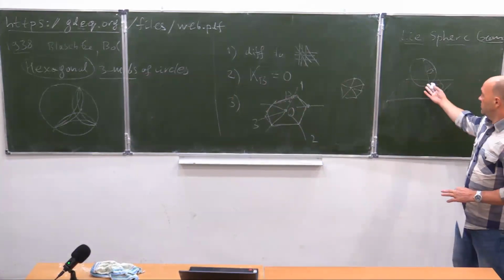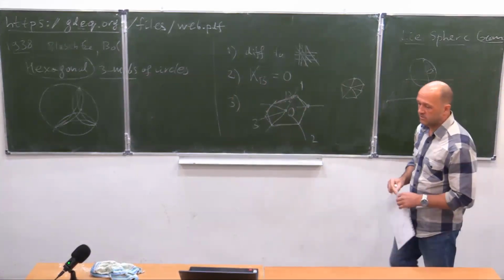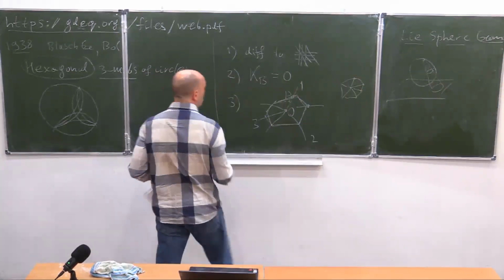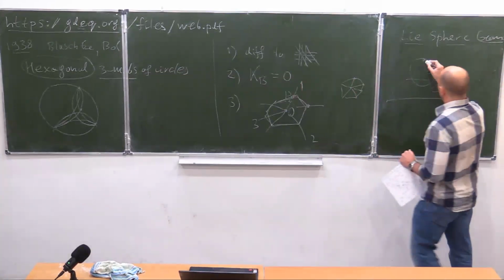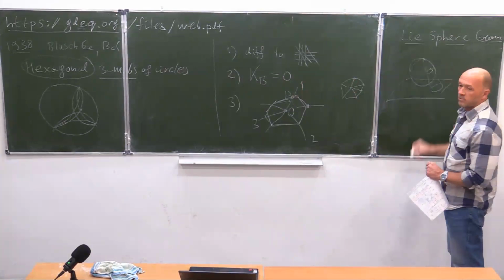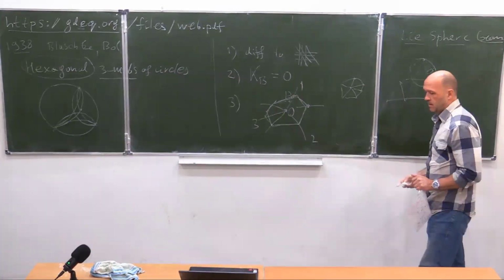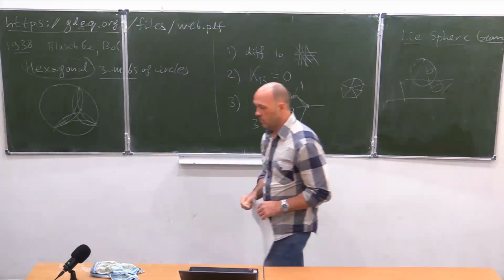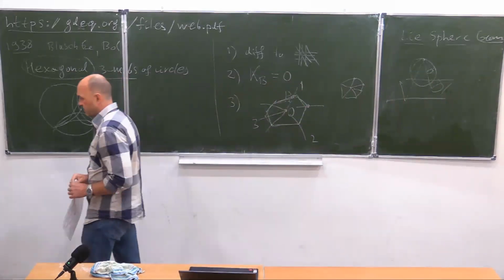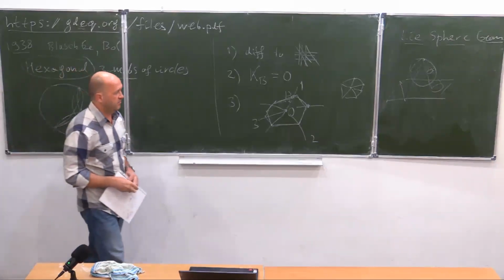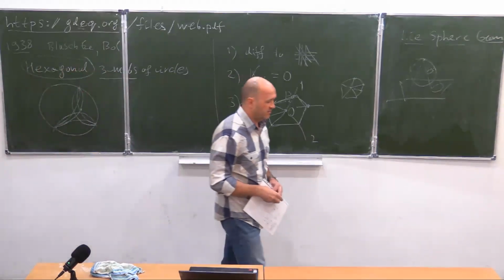Then in this model, you don't distinguish between circles and lines, because the image of a line is a circle passing through the projection center. So we will consider the problem of describing hexagonal 3-webs of circles on the unit sphere.